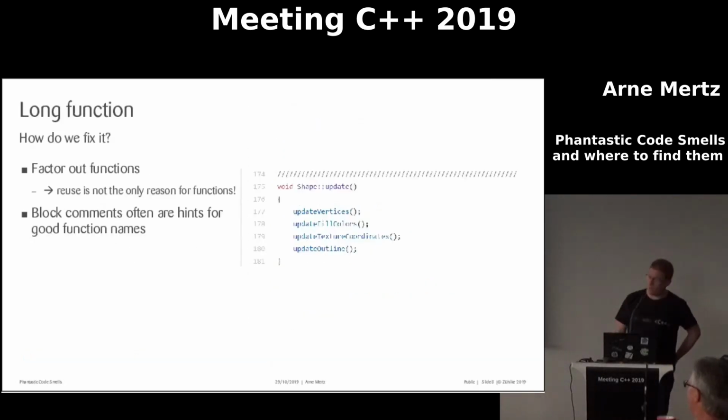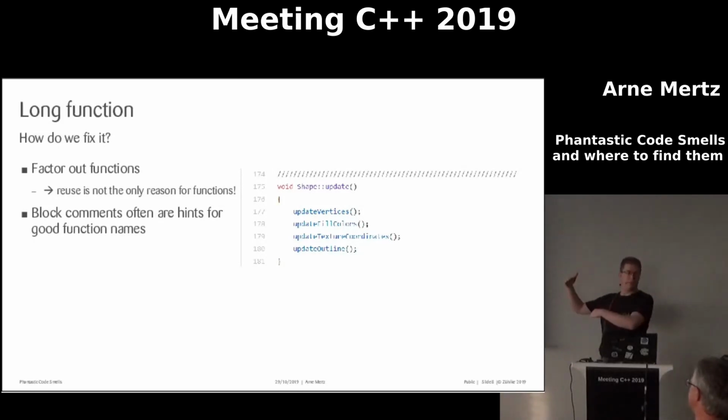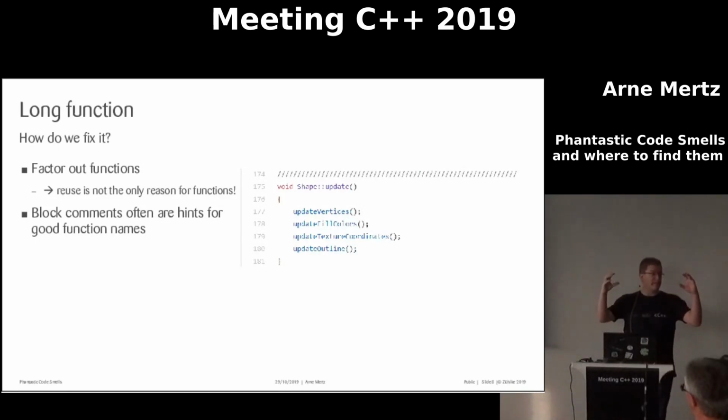So when I refactor this, what can we do? We can factor out functions, take blocks of our code, put them into different functions, and give them meaningful names. If I have blocks of code with a comment over them saying that in this block of code this and that is happening, this is usually a good start for a name for the new function.